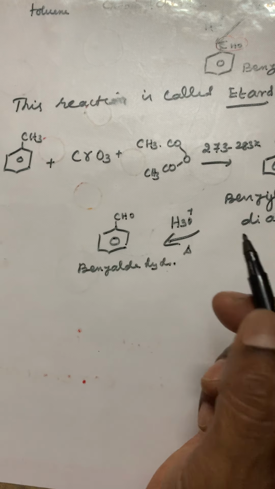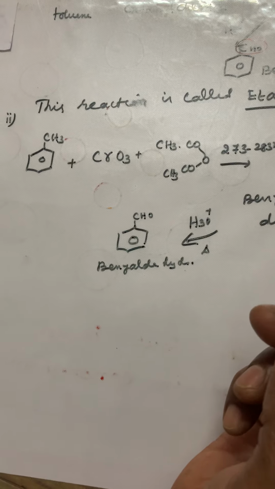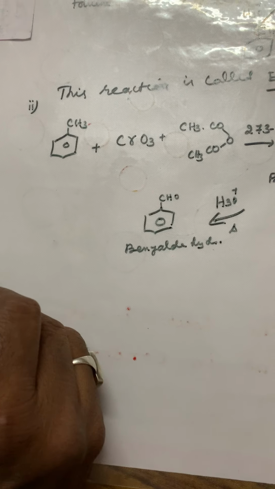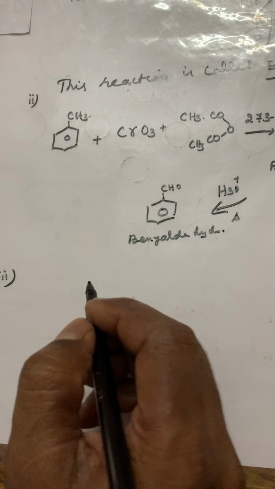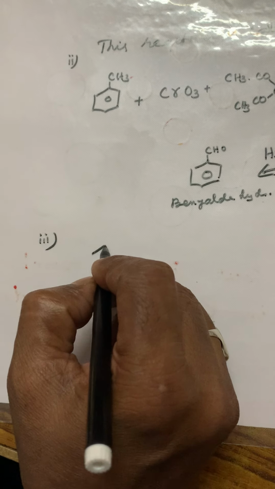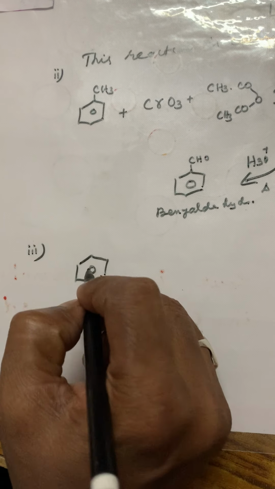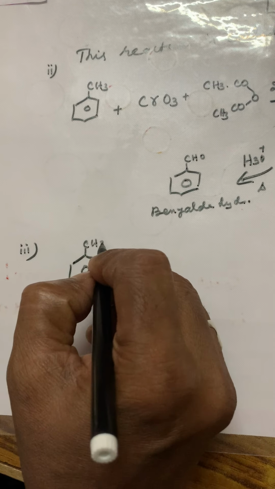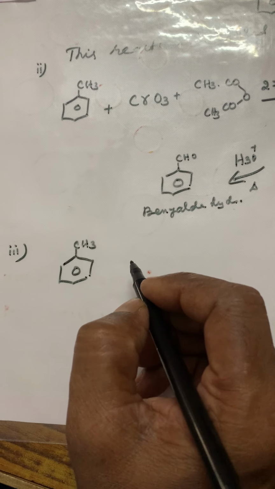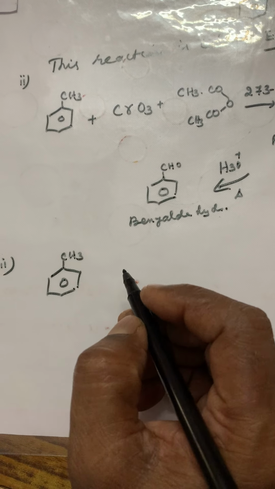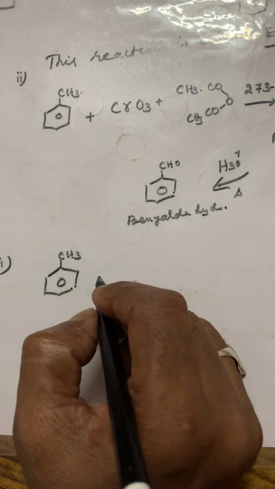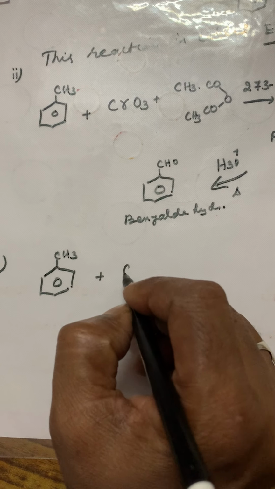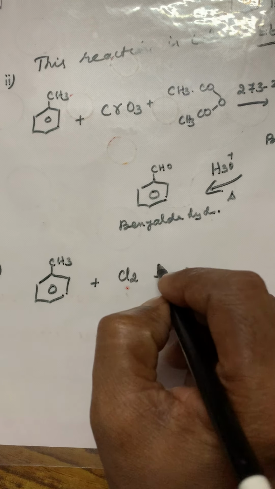This is another conversion. The third one, the easiest one, also converts toluene to benzaldehyde, that is chlorination. Toluene undergoes chlorination in the presence of sunlight.